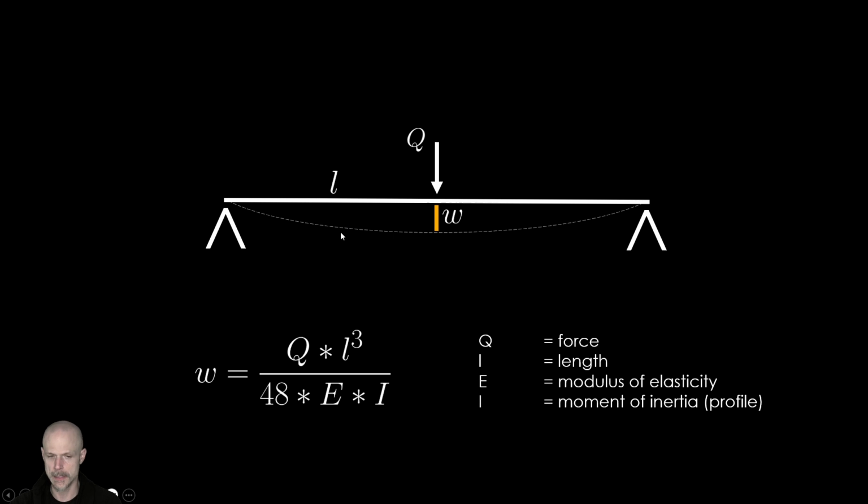What this means is, if you double the length of the beam, then 2 to the power of 3 is a factor of 8. The distortion in the middle is increased by a factor of 8. That's pretty massive. Even though you just have twice the length, the distortion in the middle is 8 times as much as before.